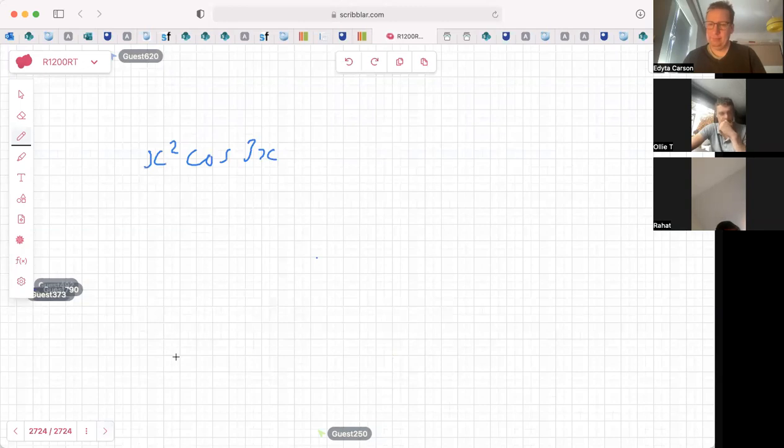So if we differentiate that, we get minus 2x sine x. Start again, I didn't get the first bit. X squared cos x is one function? No, definitely not.